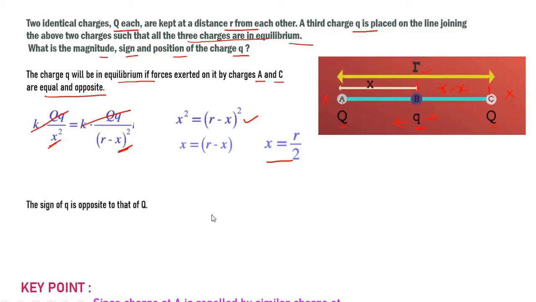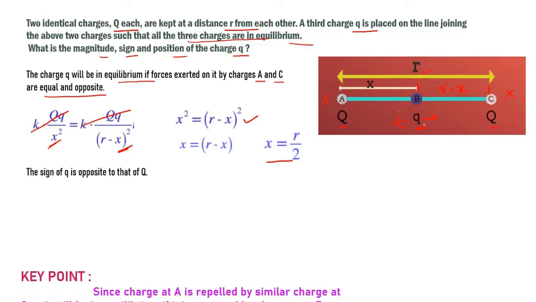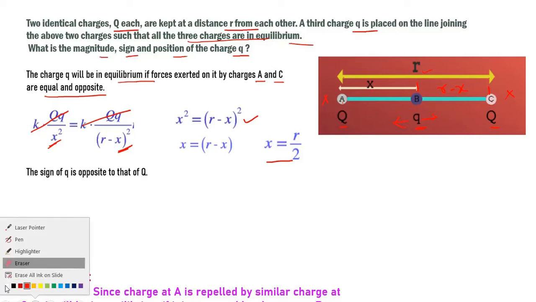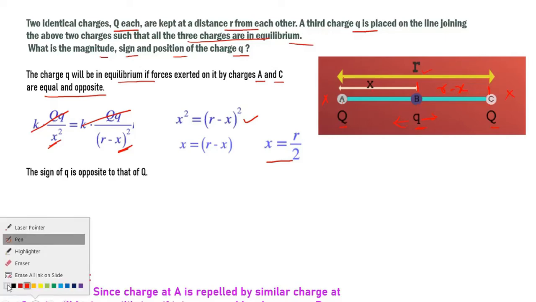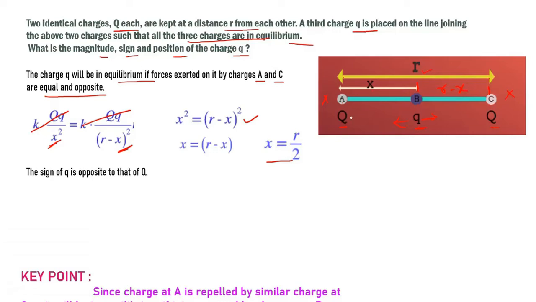Now the key point is in order to find the sign of small q. How can we find the sign of small q? We can get it by considering the concept that if capital Q is in equilibrium, that means the two forces present on capital Q must cancel each other.